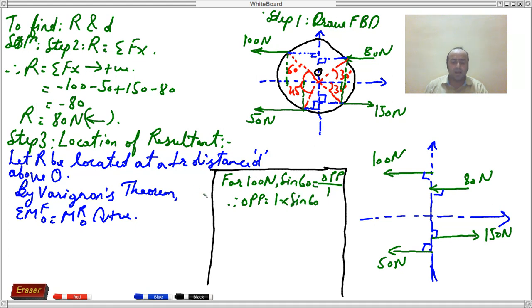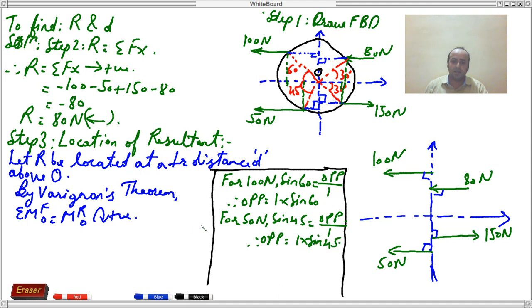Same way, let's go further. For a force of 50 Newton, we will be writing sine of 45 is equal to again opposite divided by hypotenuse, that is 1. So therefore opposite that we want is equal to 1 into sine of 45.